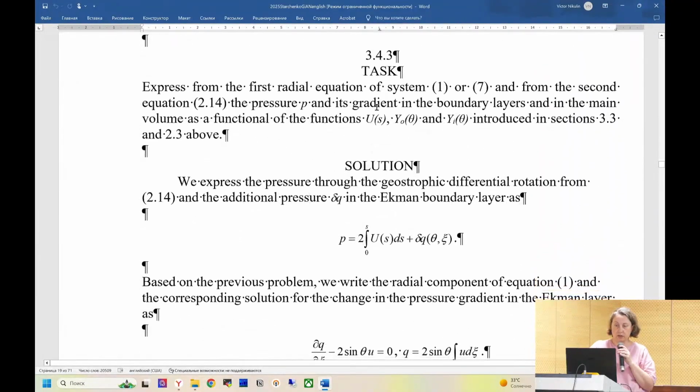And the last task, still here on the board: express from the first radial equation and the second equation the pressure and its gradient in the boundary layers. It was done recently, so you know the solution. You don't have to do this one. So all in all, the first 2 tasks were kind of solved.